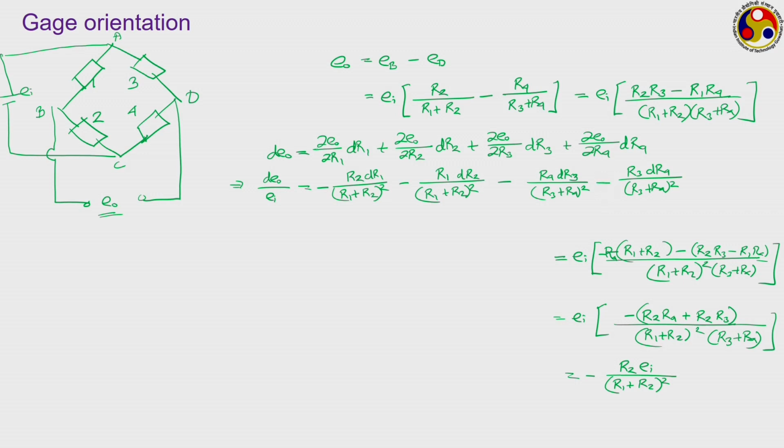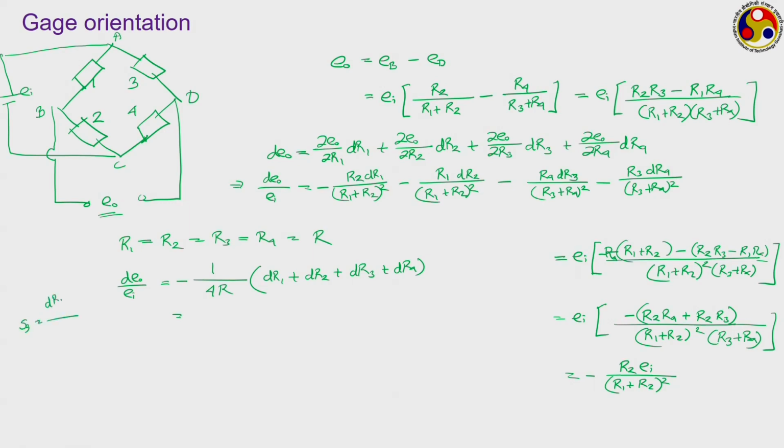Now, in most of the common gauges you will find R1, R2 all are equal in magnitude, meaning all the resistances in the bridge are given the same value, equal to R. In that case, we have dE naught by EI, putting the values as R, minus of 1 by 4R into dR1 plus dR2 plus dR3 plus dR4.